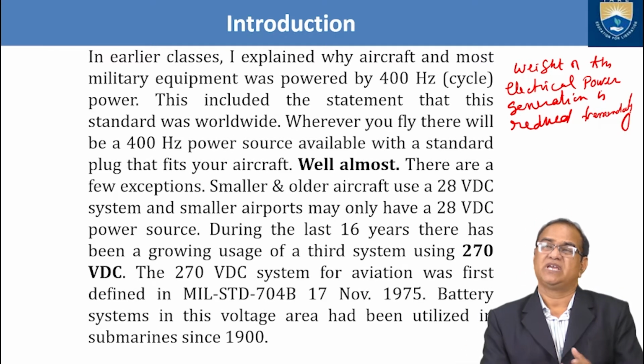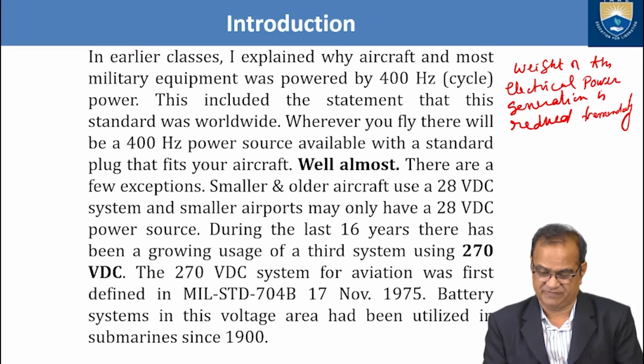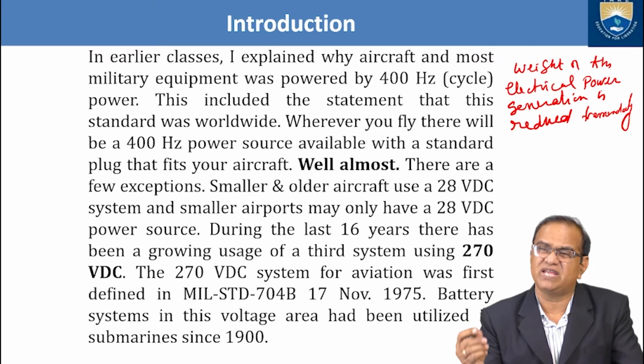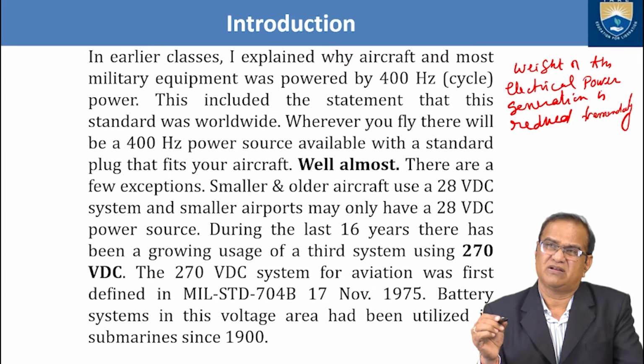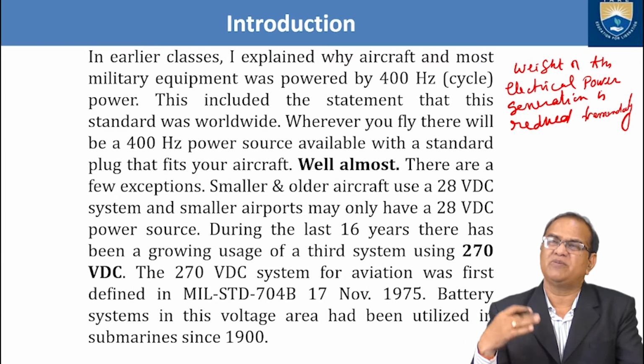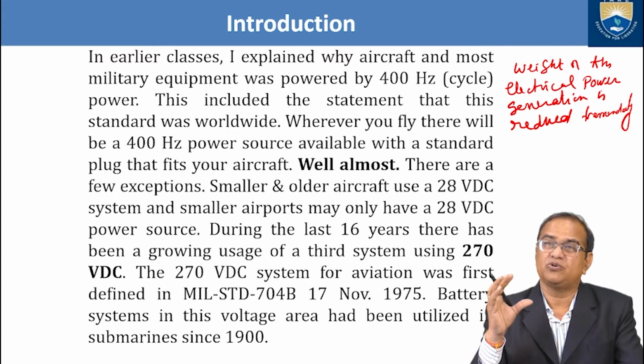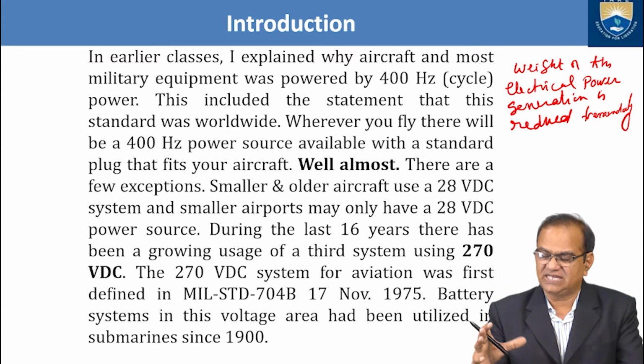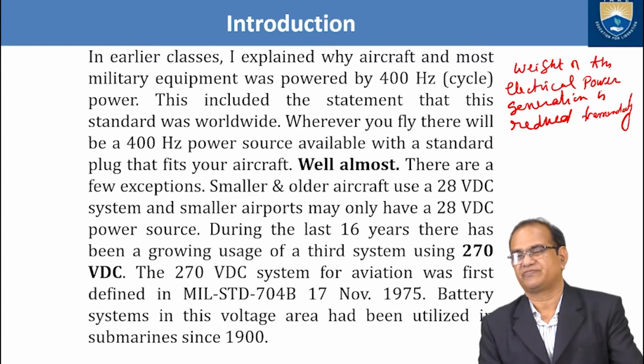If this weight is reduced, then what will happen? You know that weight is a very important parameter in any aircraft: how much we are able to reduce the weight. If you reduce the weight, the engine thrust required is reduced.